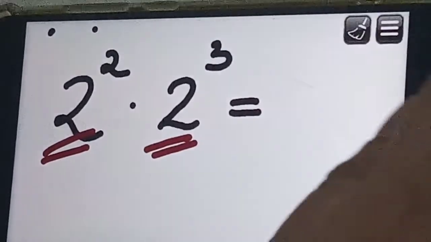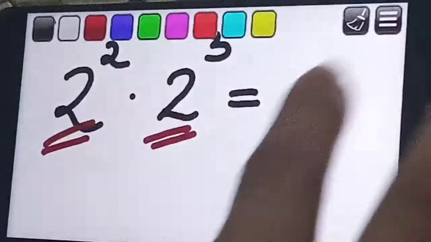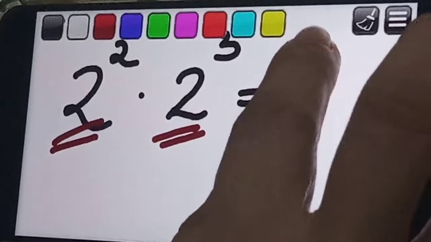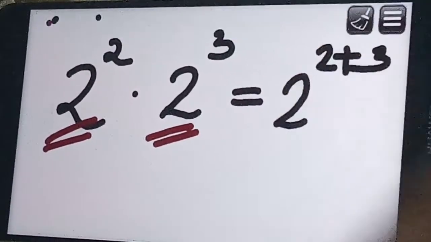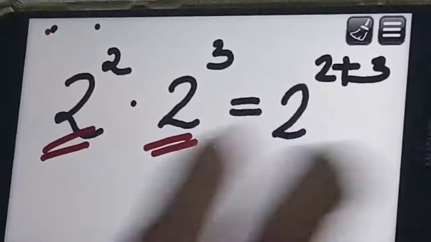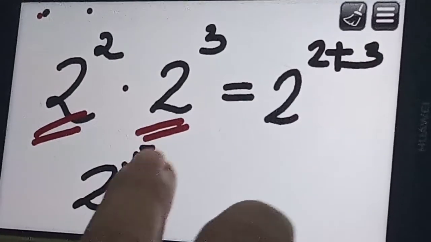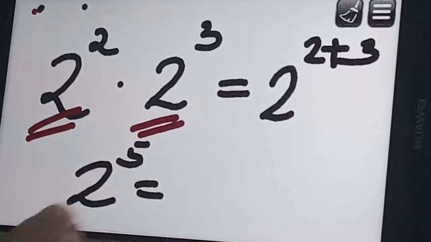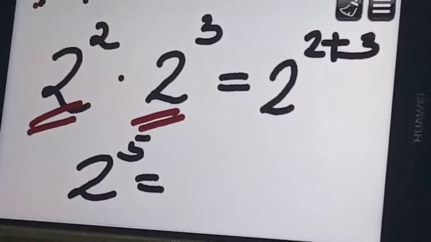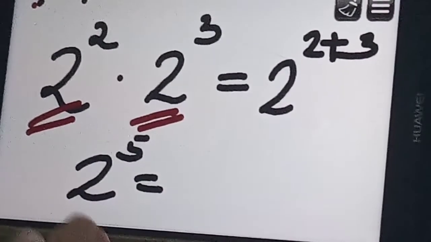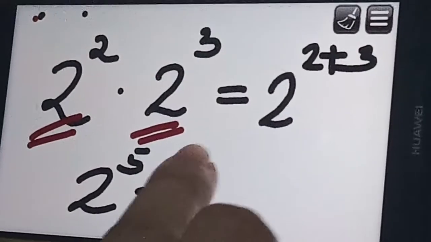All you need to do is add the exponents, and it's going to give you 2 to the second plus 3 power, and that is 2 to the fifth power. You can also expand this by multiplying 2 five times, and that is 32.